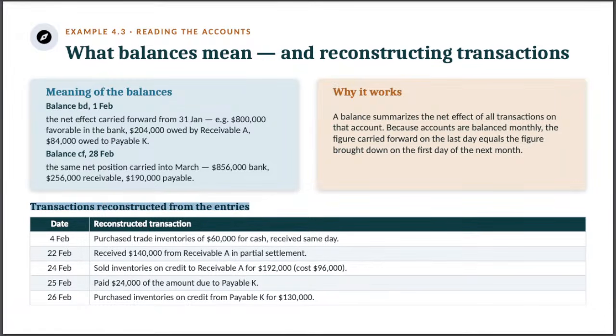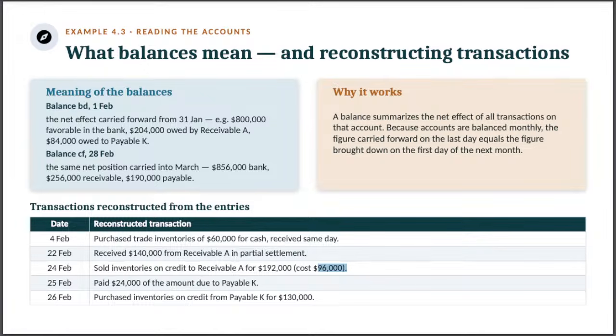Now we have transactions reconstructed from the entries. So let's look at this chronologically. 4th of February, reconstructed transaction: purchased trade inventories of $60,000 for cash. 22nd of February, received $140,000 from receivable A in partial settlement. 24th of February, sold inventories on credit to receivable A for $192,000, but the cost was only $96,000.